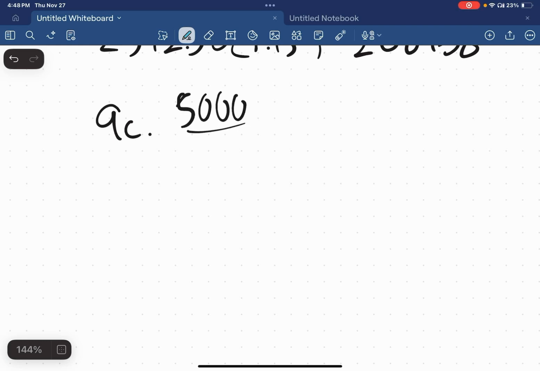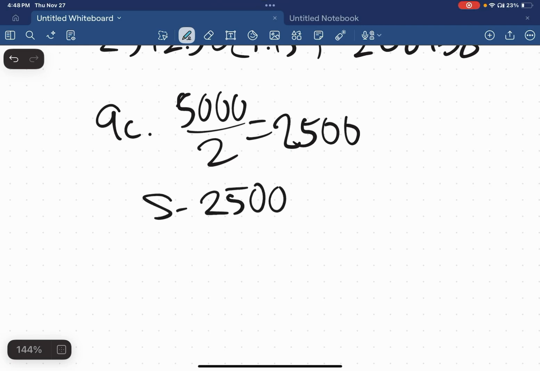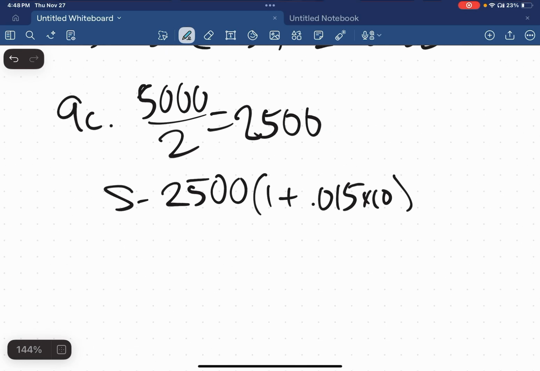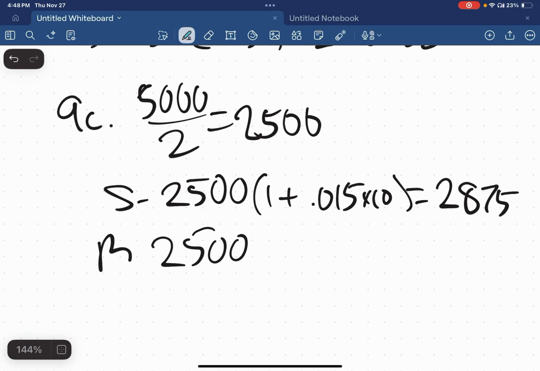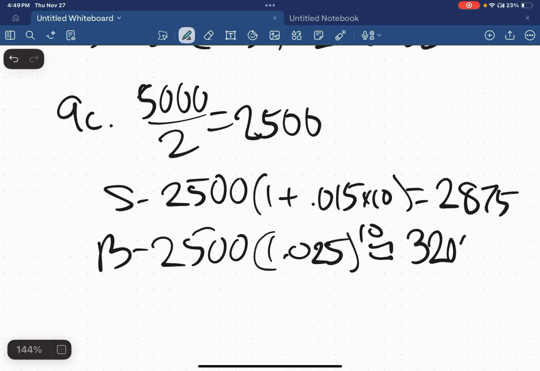5,000 divided by 2 is 2,500. So in his savings, he would have started with 2,500, and this is over the span of 10 years once again, by the way. 1 plus 0.015 times 10, which is equal to 2,875, and then 2,500 for his bonds, compound interest, 0.025 times 10, which is going to be equal to around $3,200.21.